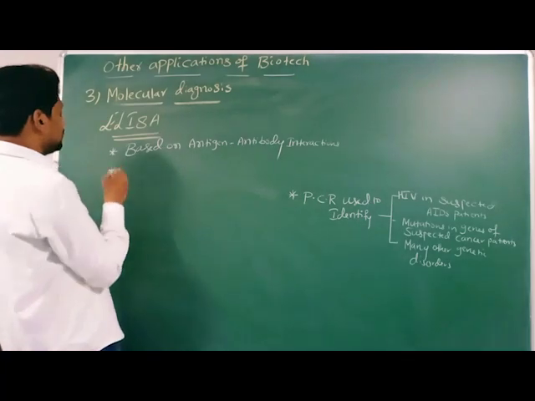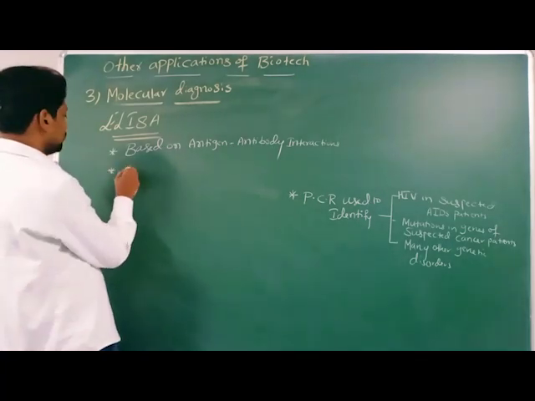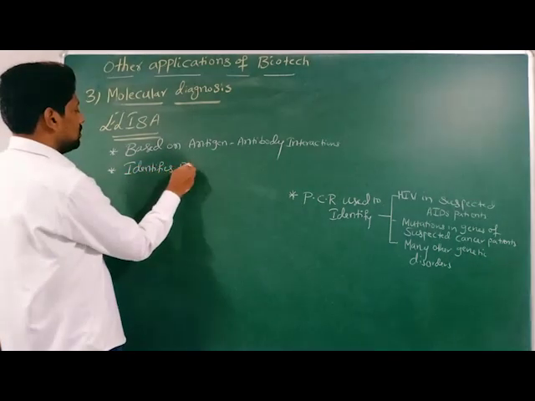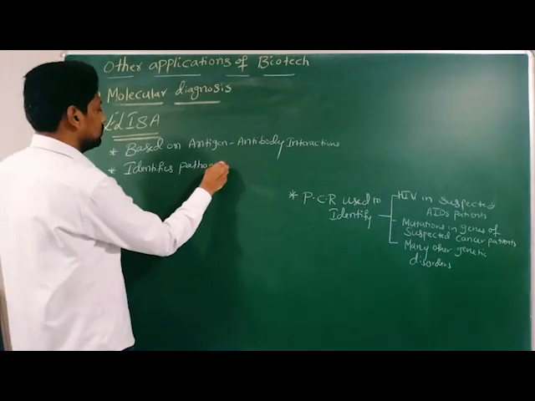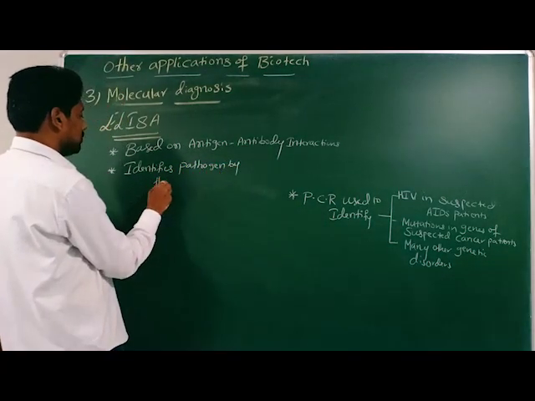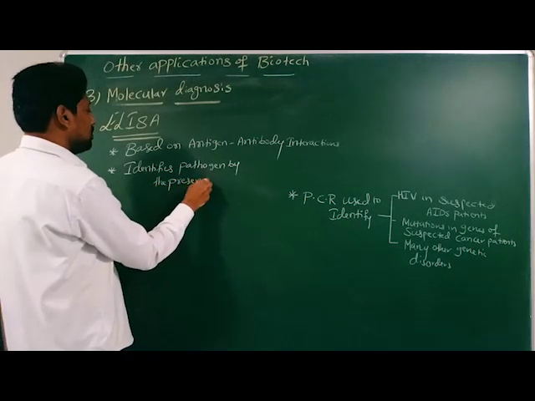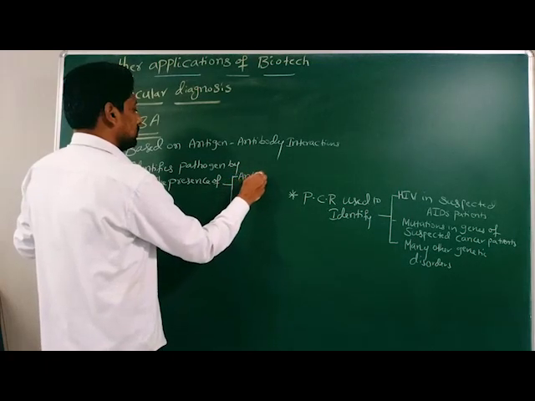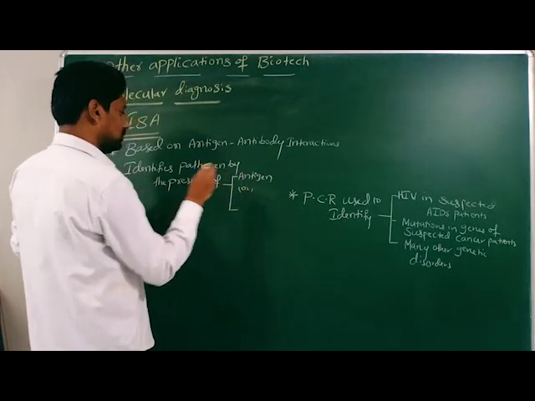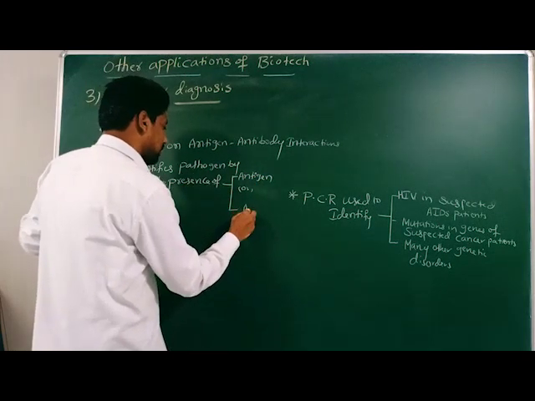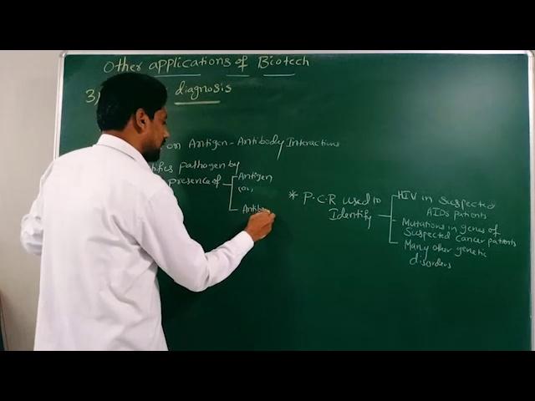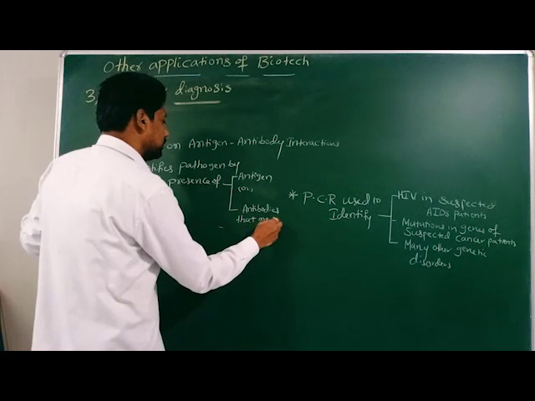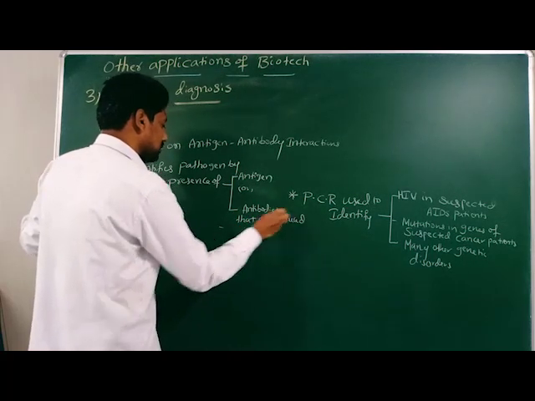Right, this ELISA is used to identify the pathogen by the presence of antigen, or by the presence of antibodies that are produced against it.